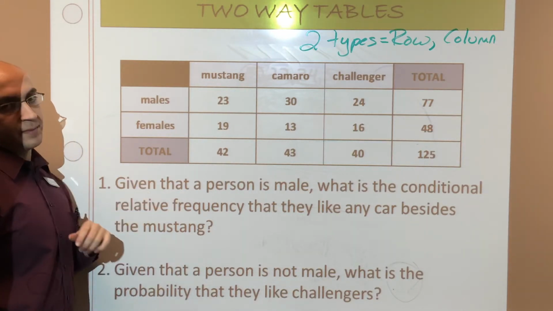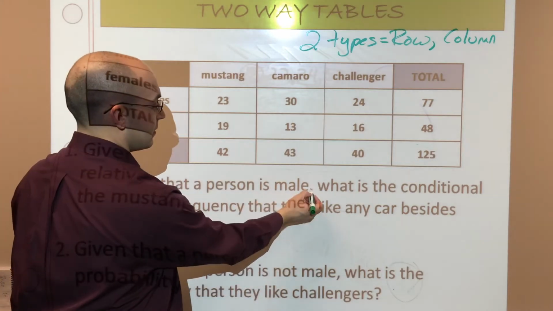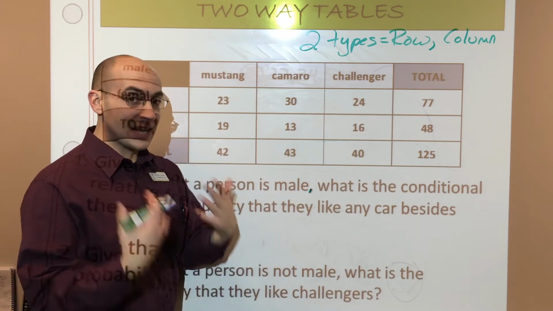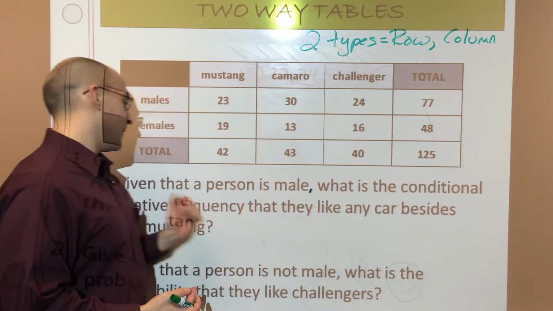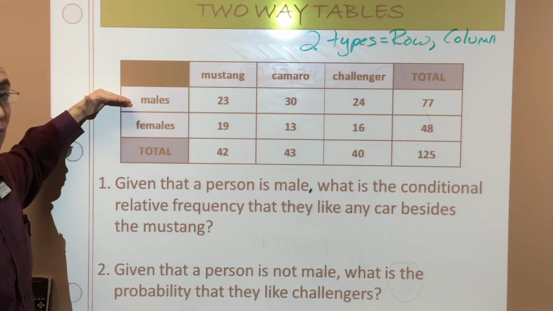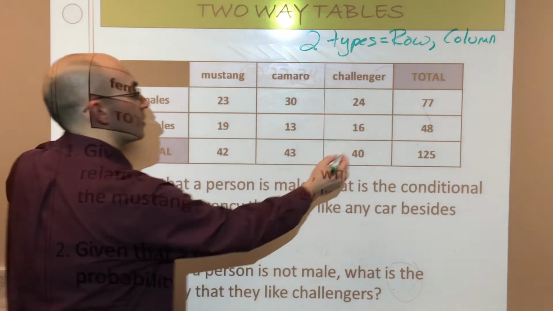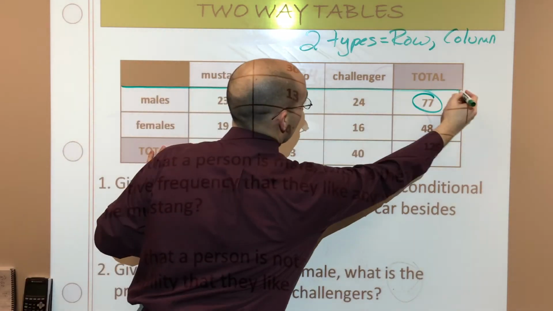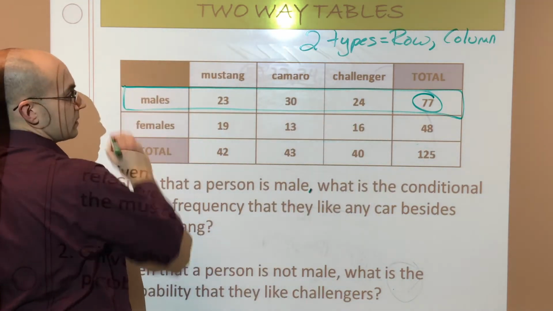Given that a person is male, and remember how I say this comma is extremely important. That's kind of like a period, like a stop sign. Stop right there, identify how many people are male. So I'm going to go to the male row, and I'm going to go to the total. That means that I am talking about a row conditional relative frequency.